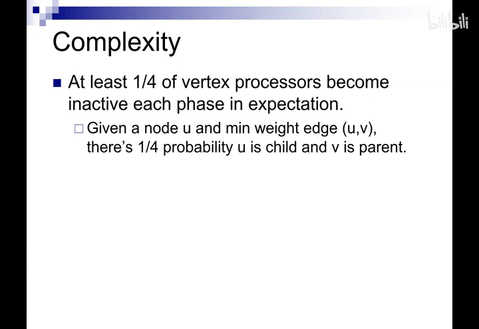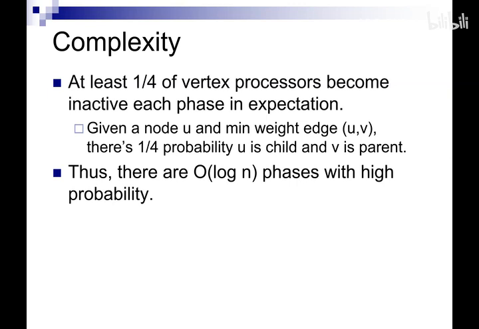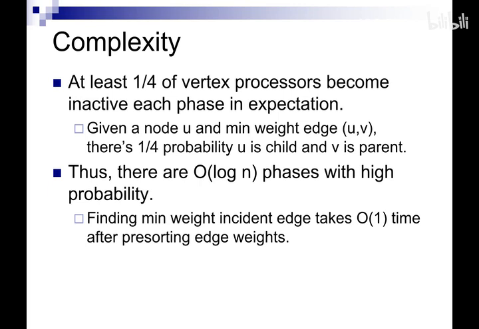So that means that in each round, about 1/4 of your nodes in expectation are going to get contracted out. And so after log n phases, we're going to be left with a single node. Then we can get our MST just by bottoming out from that recursion and looking at all of the edges that we used during the recursive process.